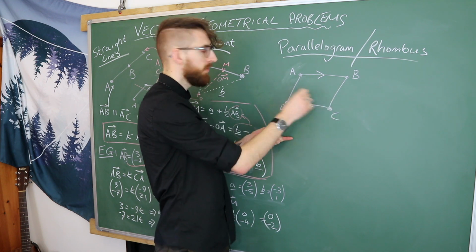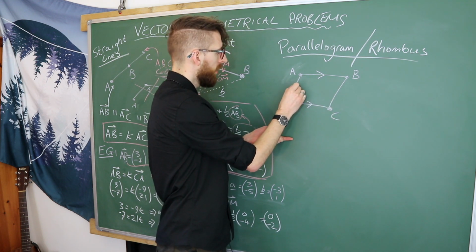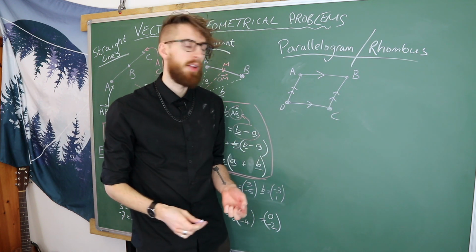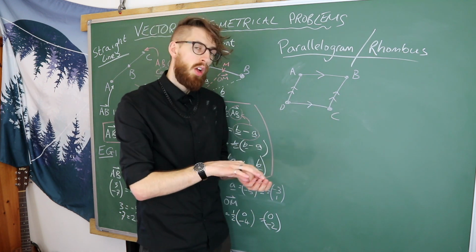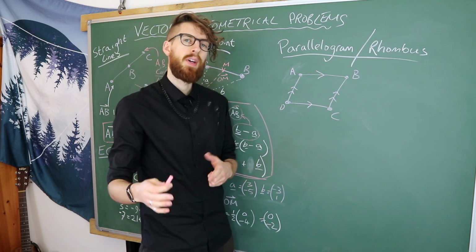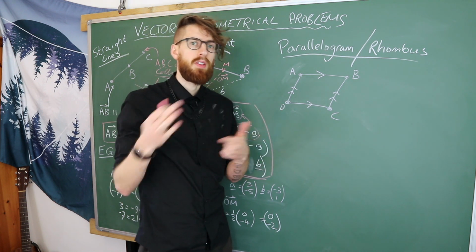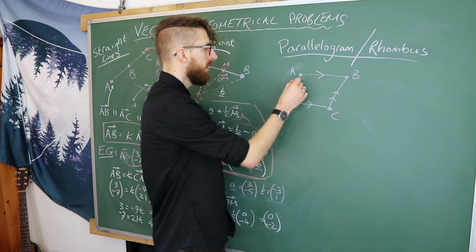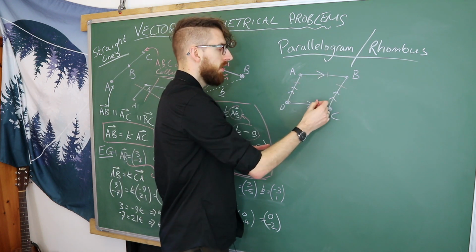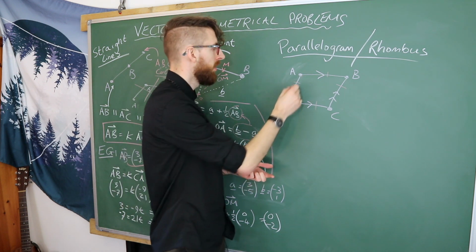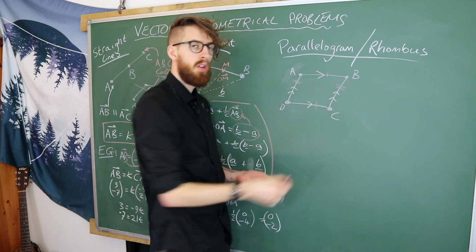And these two sides are also parallel, but they're not parallel with those two. The difference between a parallelogram and a rhombus is that the parallelogram is a rectangle slanted over, a rhombus is a square. So in a rhombus, the length of all of those are the same. In a parallelogram, those two are different.